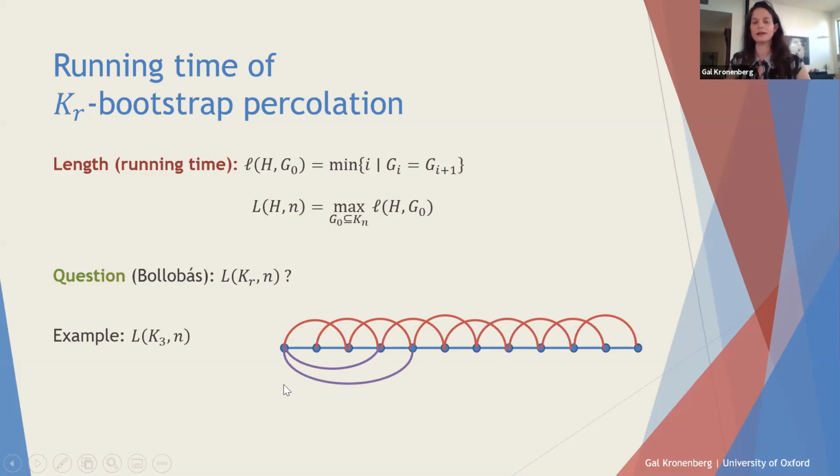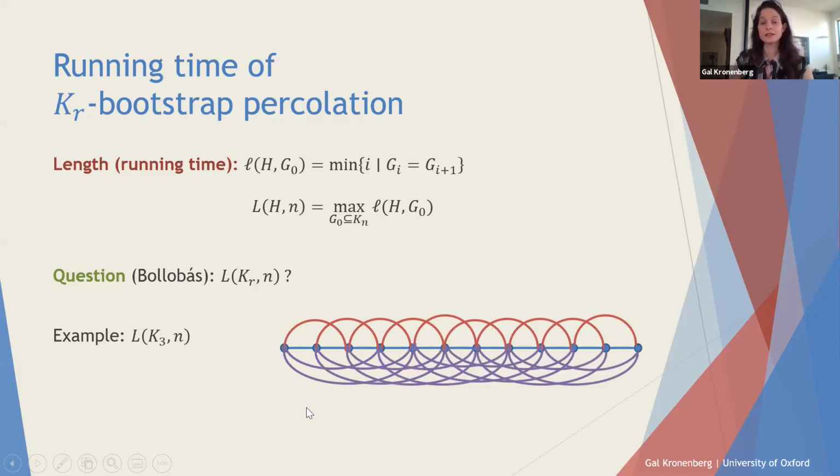So we can infect all edges with distance 3 and 4. In the third step, we can already infect edges of distance 6 and 7 and maybe 8, right? And we can continue this process, and we get a lower bound of something logarithmic in n.